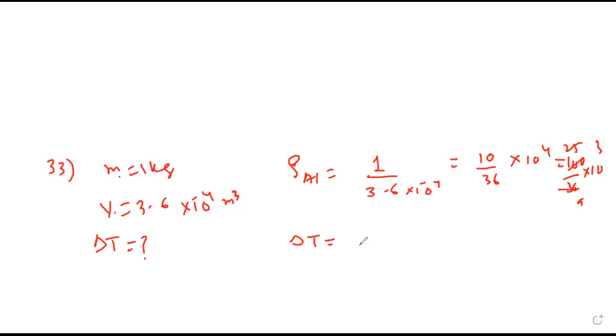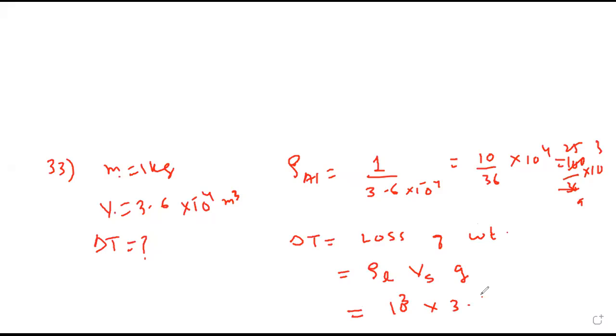Decrease in tension is nothing but loss of weight, which is density of liquid, volume of solid into G. Density of liquid is 10 raised to 3 because it is water.